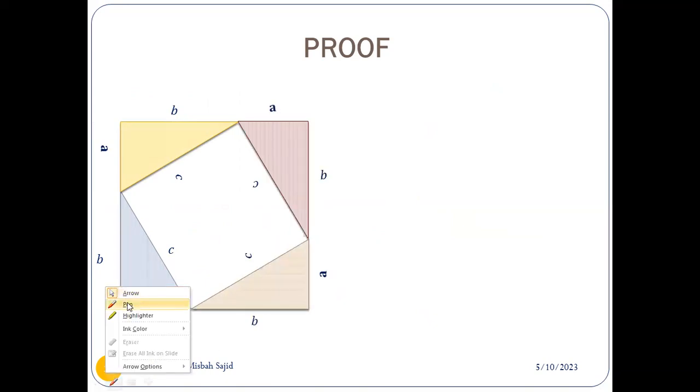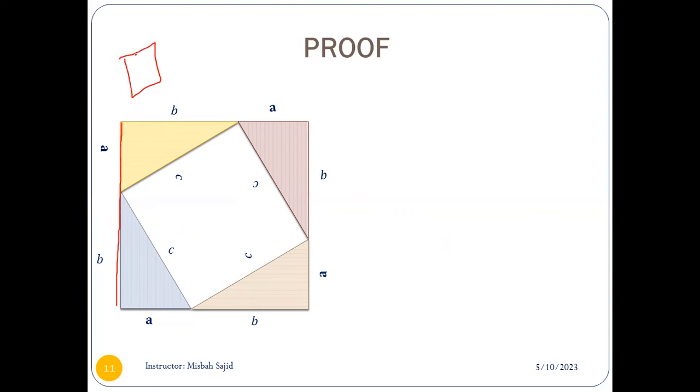If I take this as a side of a square, we know that all sides of a square are equal to each other. For example, this is A, this is A, this is A, and this is also A. So one side of the square is A plus B. This is A plus B. Same, B plus A, you can say A plus B. This is B plus A, you can say A plus B. So all sides are now the same.